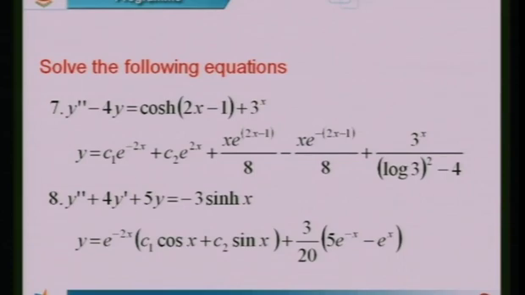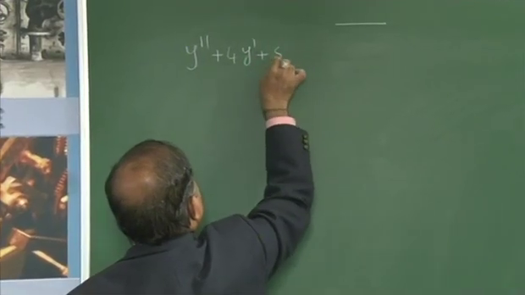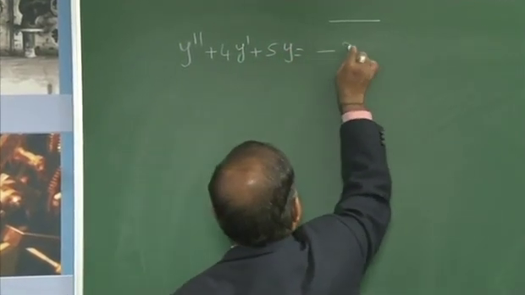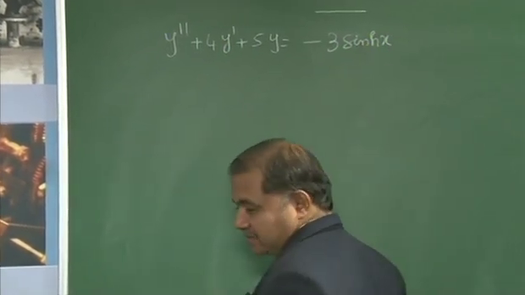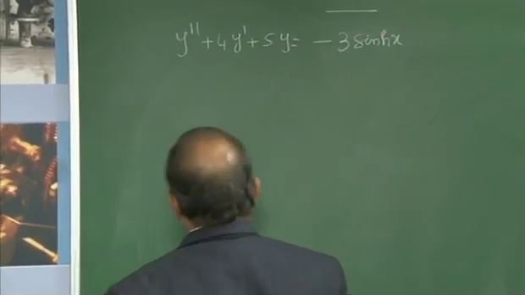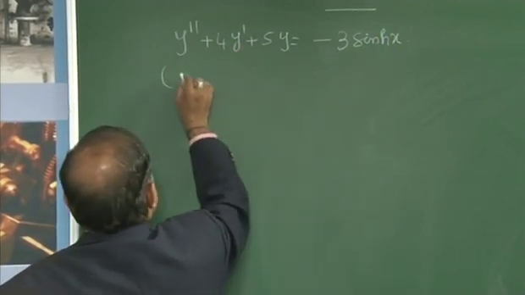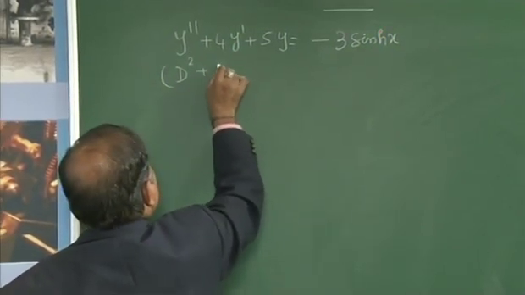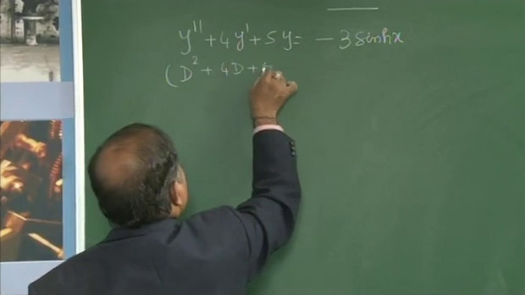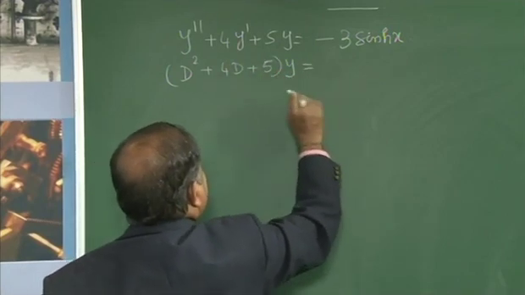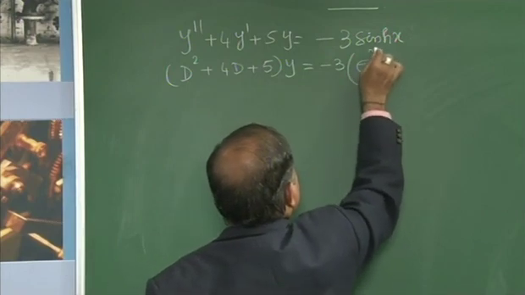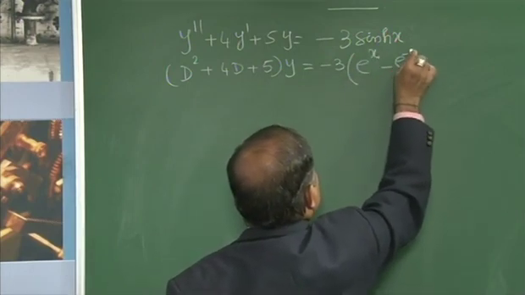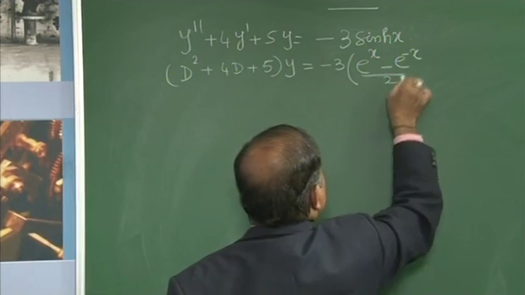Y double dash plus 4y dash plus 5y equals minus 3 sin hx. This is a problem they have given. Now d square plus 4d plus 5 into y equals minus 3 times e power x minus e power minus x by 2.